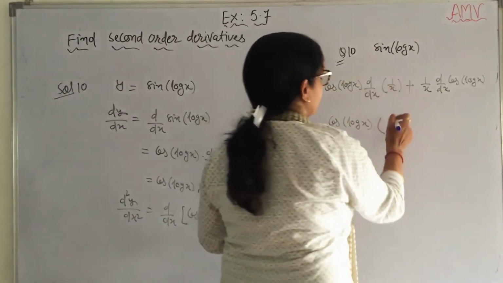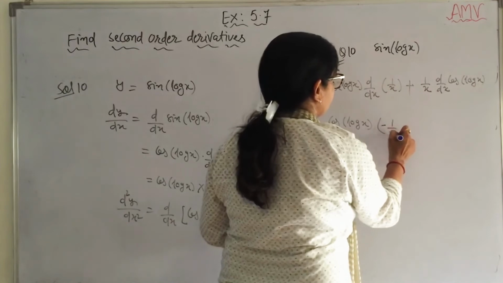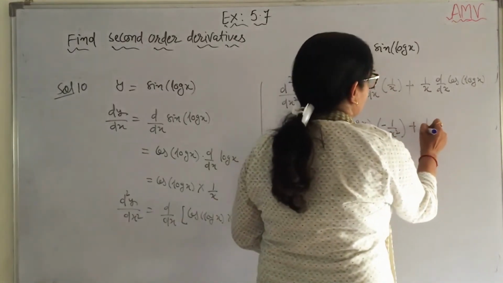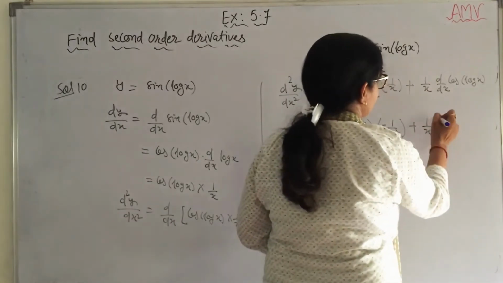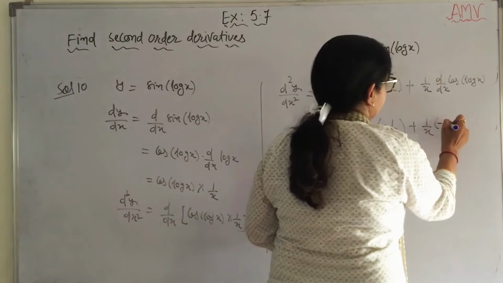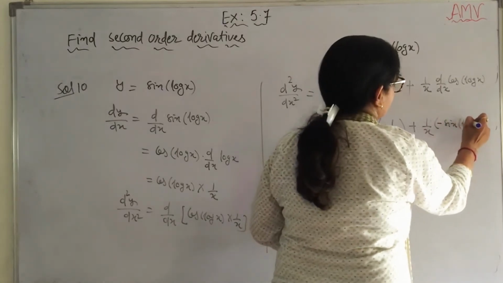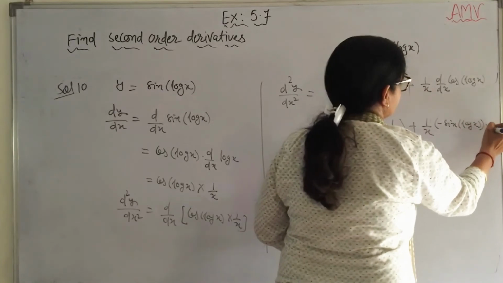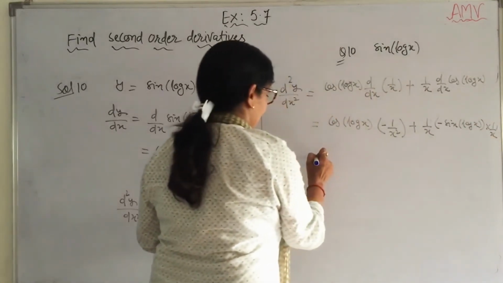Derivative of 1 by x, it is minus 1 by x square. And here 1 by x is as it is. Derivative of cos log x, it is minus sin log x. And now derivative of log x, it is 1 by x.